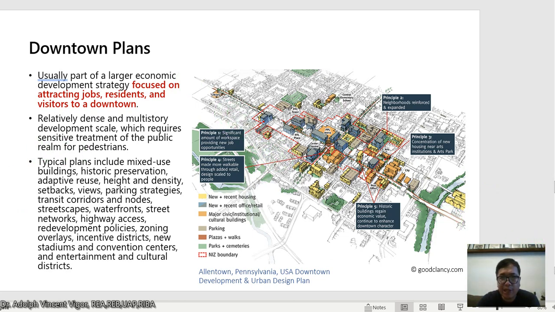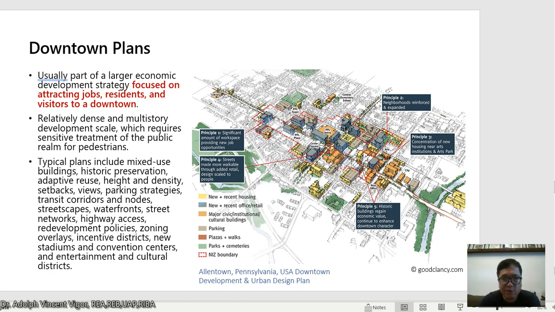So downtown plans are usually part of a larger economic development strategy that is focused on attracting jobs, residents, and visitors to a downtown. So it's relatively dense and multi-story development scale which requires sensitive treatment of the public realm for pedestrians.